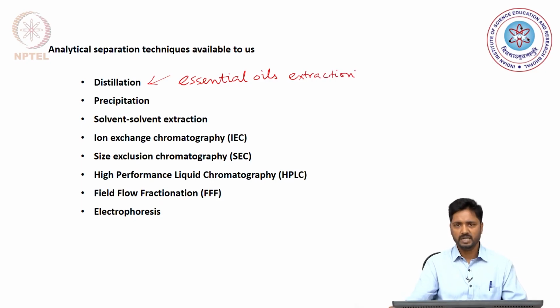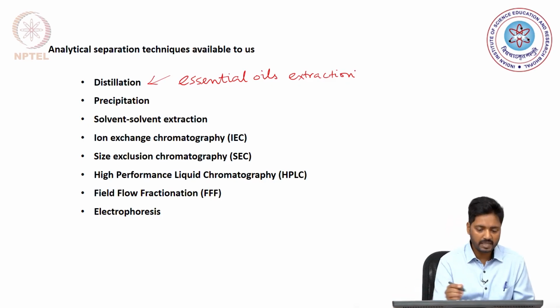A very common example of that would be the neem oil or the eucalyptus oil or the rose oil that we can purchase now, and even the ittar, for example, which is made widely in our country, is made through the process of distillation, mainly steam distillation, and these oils are then isolated and sold.